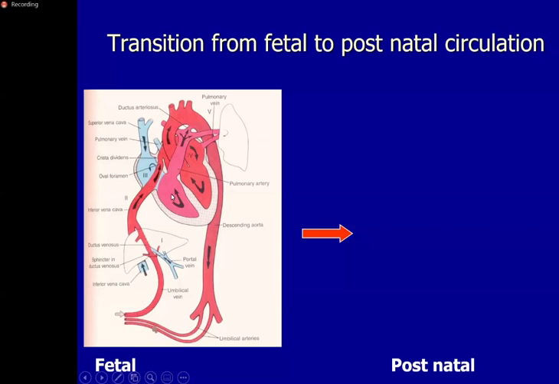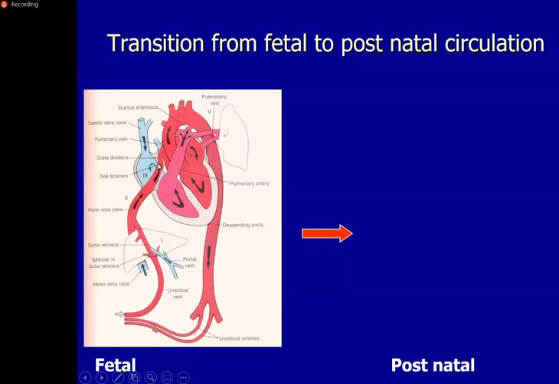Whereas part of the blood will enter the right ventricle, especially the superior vena cava blood, and then it will come out, and it may partly go to the lungs, but of course a negligible amount, but most of that will enter the descending aorta.